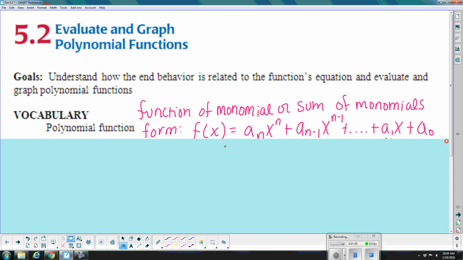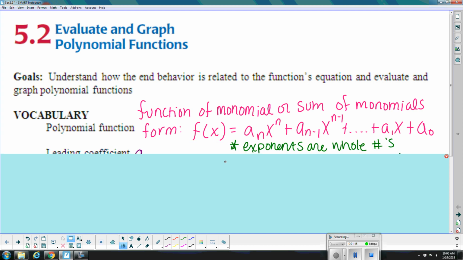So a polynomial function is a function of monomial or sum of monomials. In a polynomial function, exponents are always going to be whole numbers. That means it can be 0 or any positive integer, but it cannot be a negative integer, and it cannot be a decimal or a fraction as an exponent.